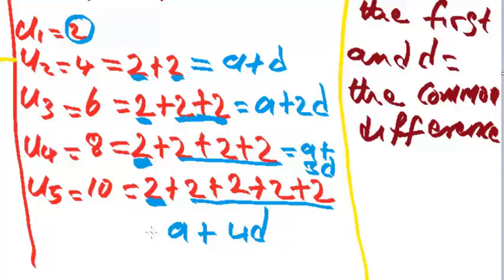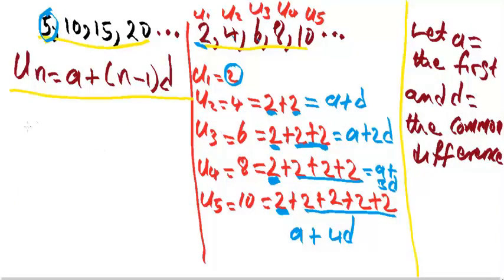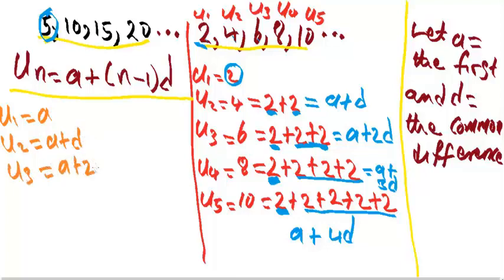So if we rewrite them, we have u1 is equal to a, then u2 is equal to a plus d, then u3 is equal to a plus 2d, then u4 is equal to a plus 3d, then u5 is equal to a plus 4d.